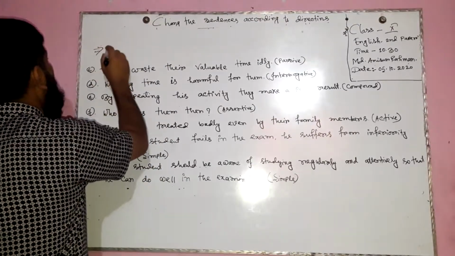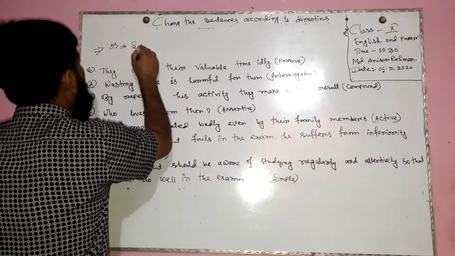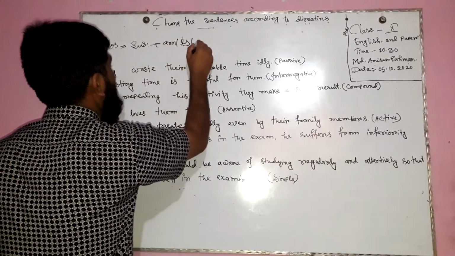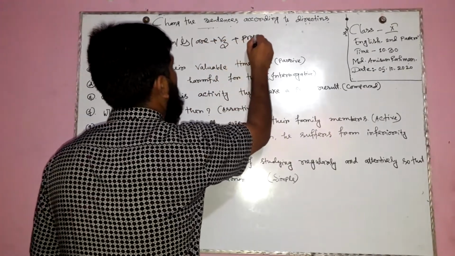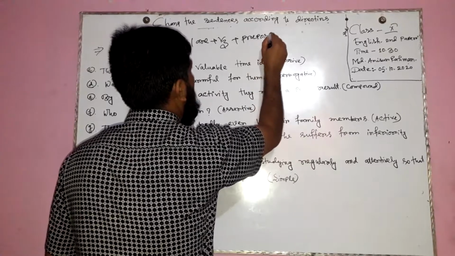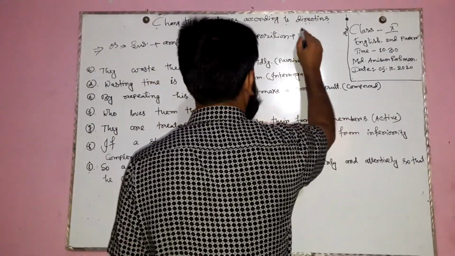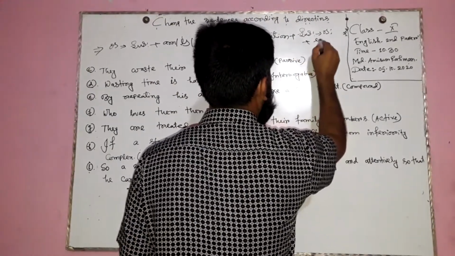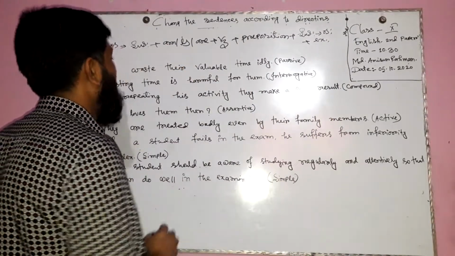Firstly, here the object turns into subject, then am, is, are, then V3, then preposition, then subject turns into object, then extension. They waste their valuable time idly.